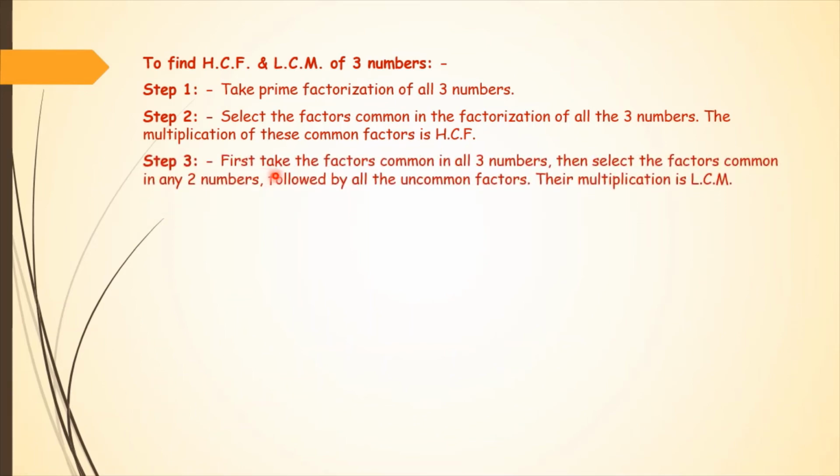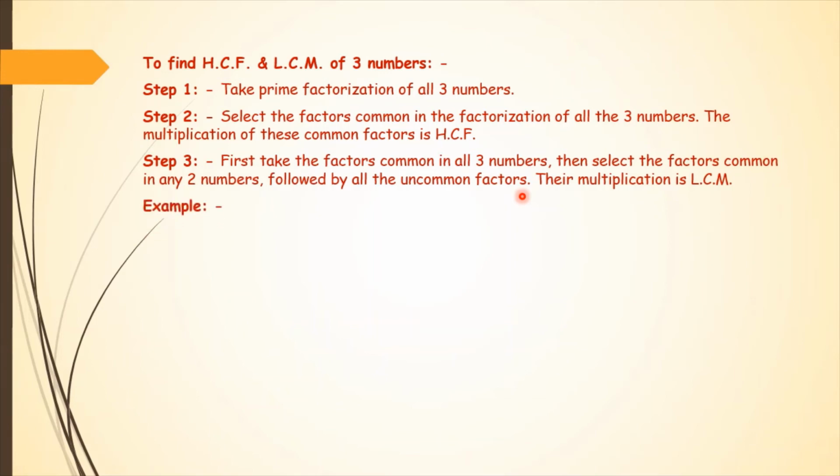Step 3. First take the factors common in all three numbers. Then select the factors common in any two numbers, followed by all the uncommon factors. Multiplication of all these is LCM.